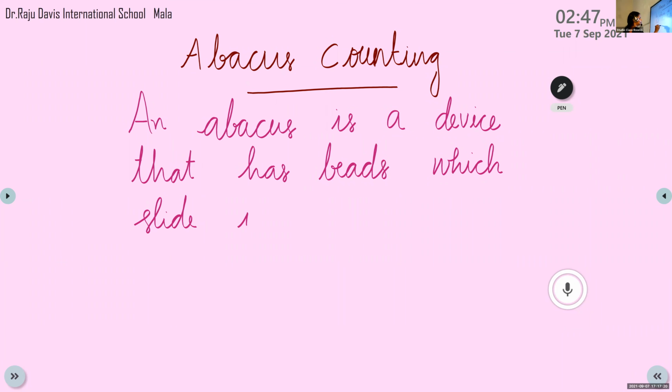A rod means a thin straight bar made up of maybe metal or wood.